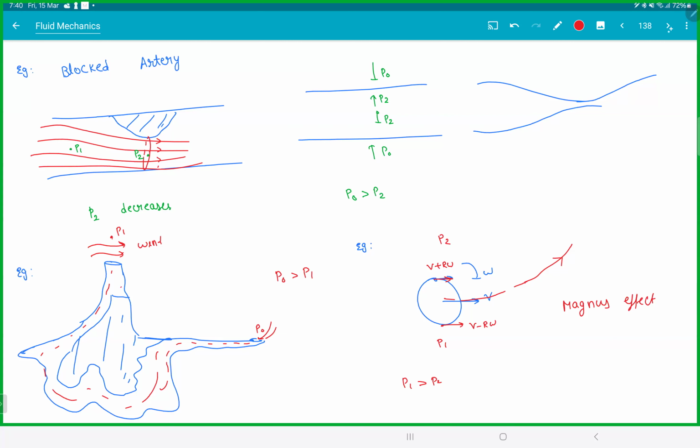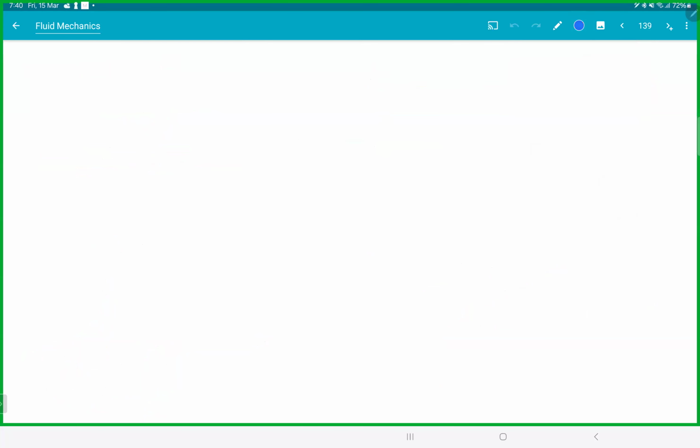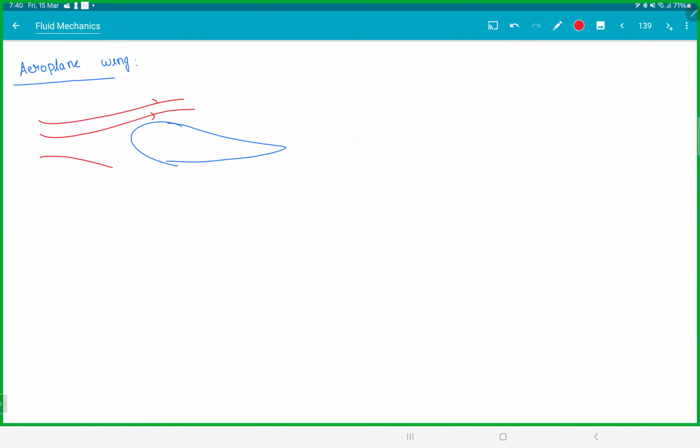Now, the question they can ask you in the exam is an aeroplane wing, same concept. In an aeroplane wing, the wing is designed in such a way that this is V1, this is V2, this is P2, this is P1.